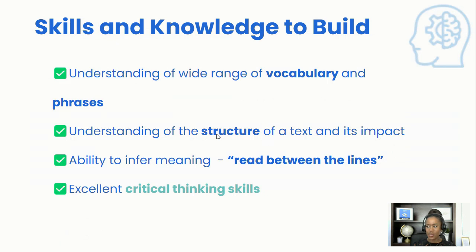Maybe they haven't quite understood the structure of the text and what the significance of that structure is. Maybe there's some challenge with being able to read between the lines, or maybe the critical thinking skills required aren't quite there yet. Because for reading part C and top scores in this part of the test, you will need excellent critical thinking skills.